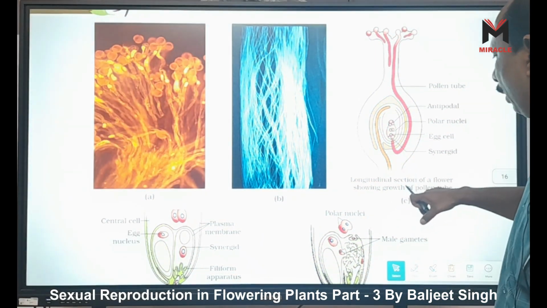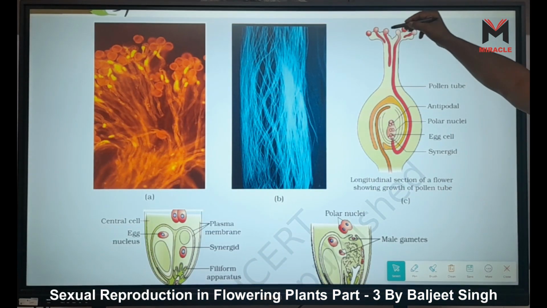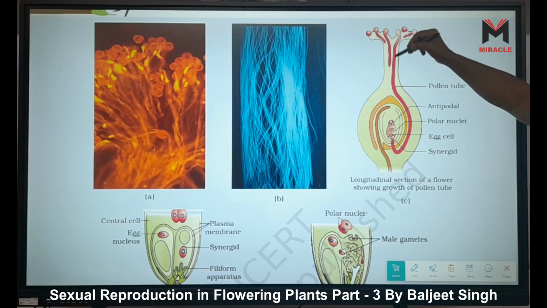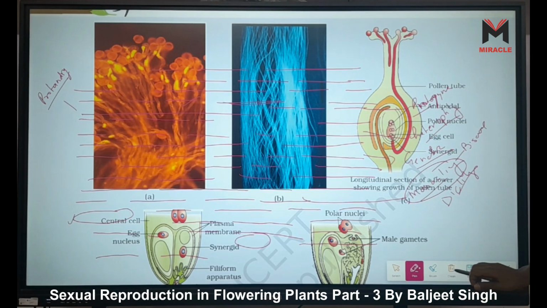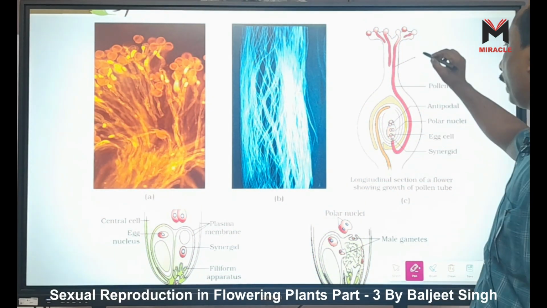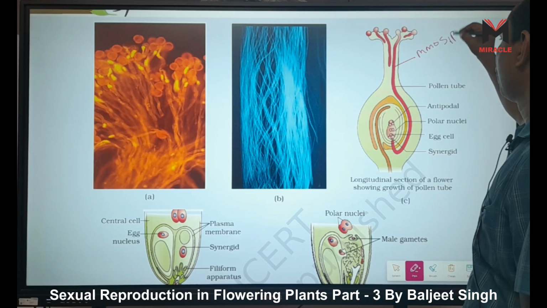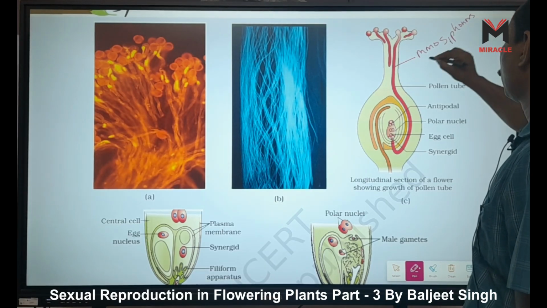Now here a figure is given: longitudinal section of a flower showing the growth of a pollen tube. You can see that only a single pollen tube is formed. If a single pollen tube is formed, that type is most common and is called monosiphonous, right?